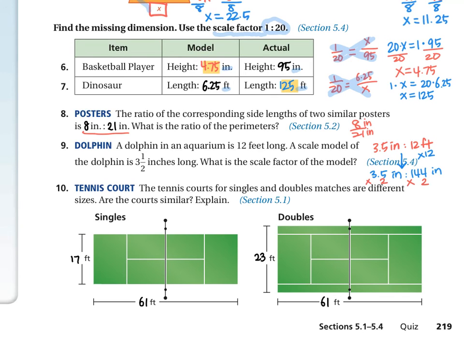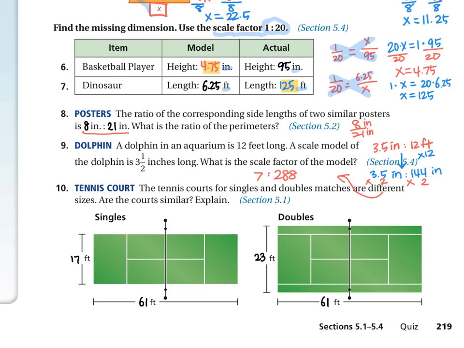When I multiply by 2, I'm just going to write it on the side here. 3.5 times 2 will give you 7, and then 144 times 2 will give you 288. And that's going to give you the scale factor of the model, 7 to 288, and that's it.